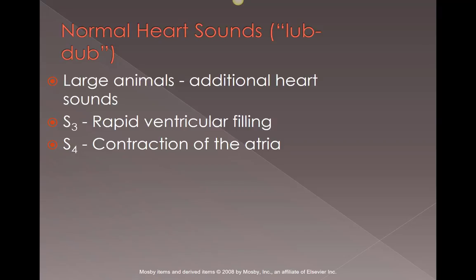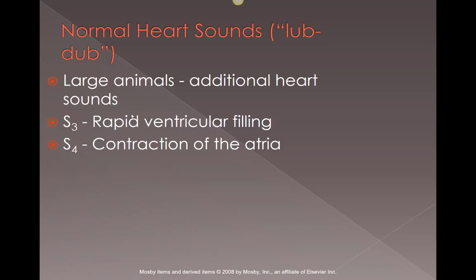And then you'll actually hear another dub, which will be the sound of the contractions of the atria. And those horses that have really slow heart rates, usually you've got to be below 30 to hear it. And then if their heart rates are, say, below about 50, then you'll actually hear the third heart sound, which is another dull dub, which is actually that blood being forced from the atria down into the ventricles.